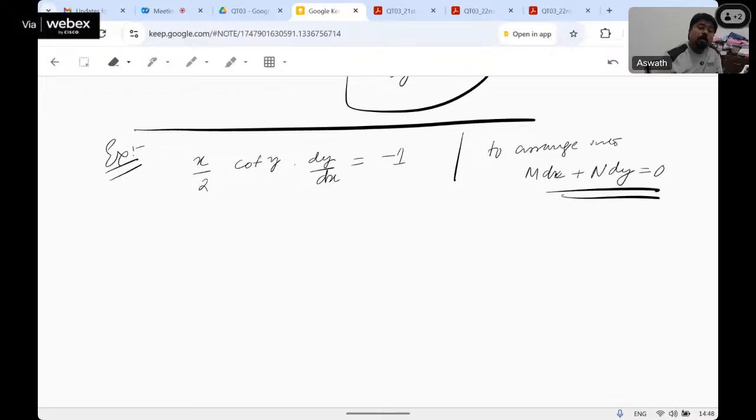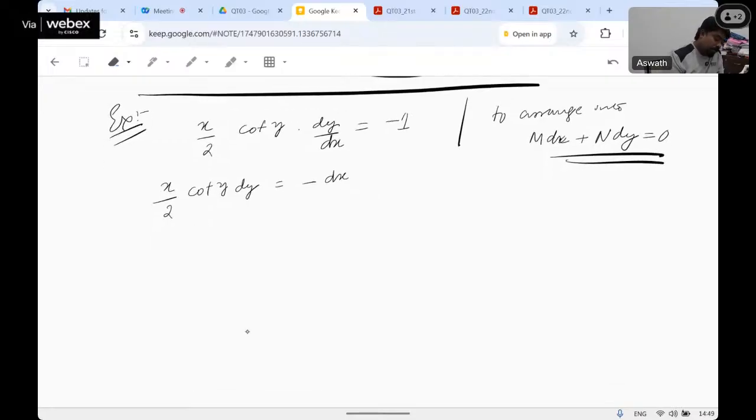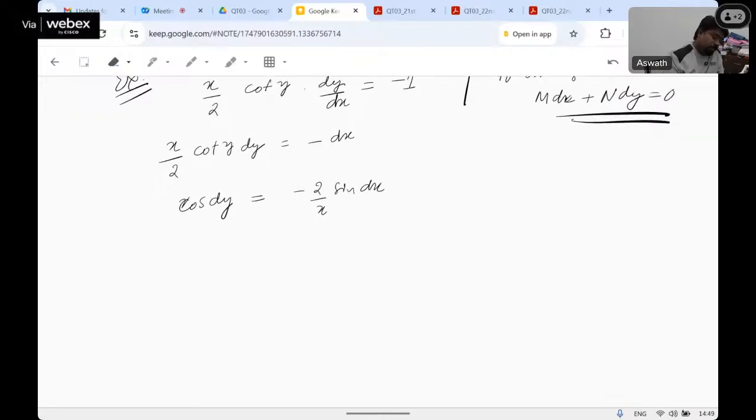So what I will do now, let me put x cot y dy is equal to minus dx. First rearrangement. Fine. There is a cot here, so let me put this as cos dy is equal to 2 by x sin dx.